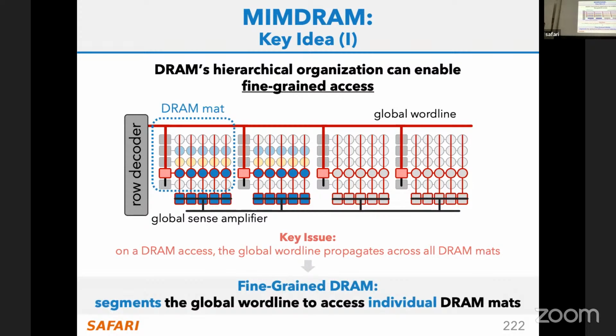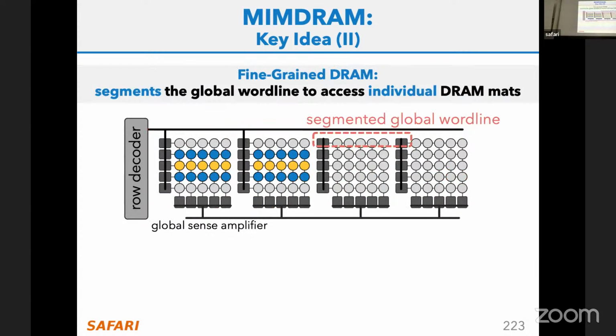So there is this concept called fine-grained DRAM, which segments the global wordline, allowing you to access individual portions of a DRAM row for computation.